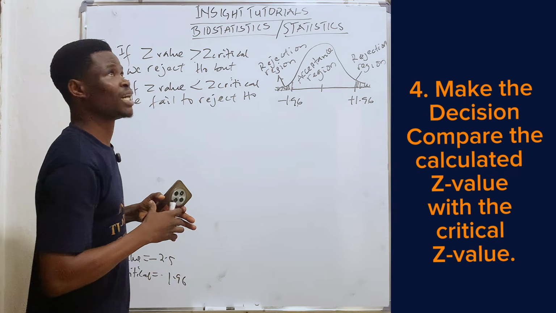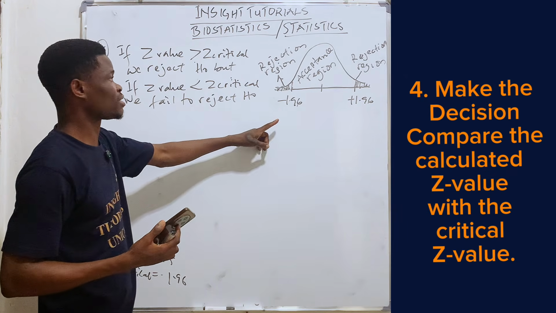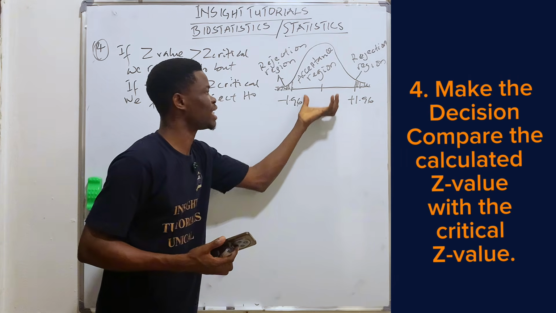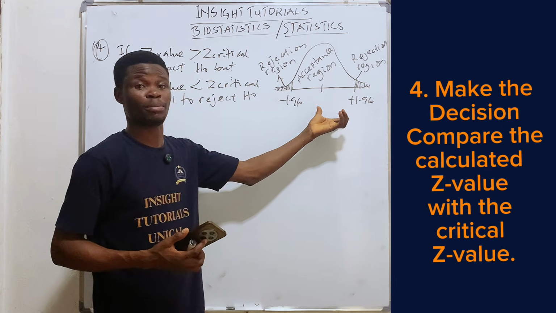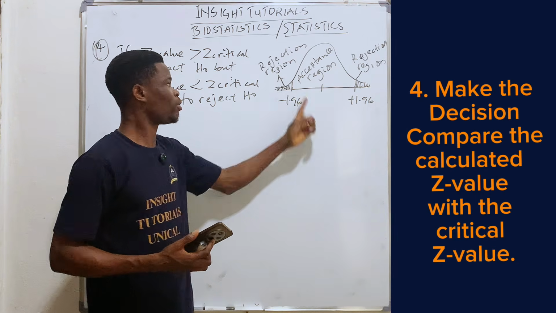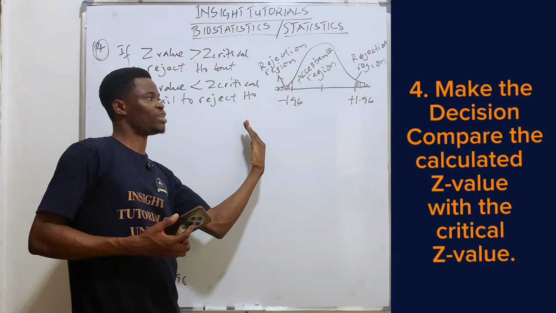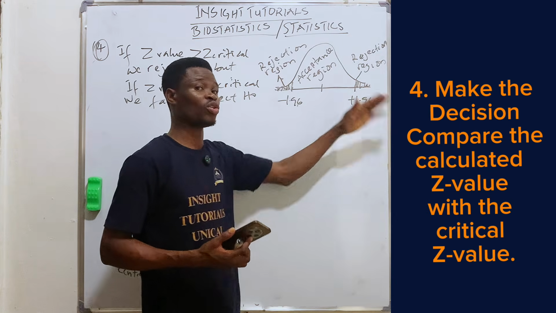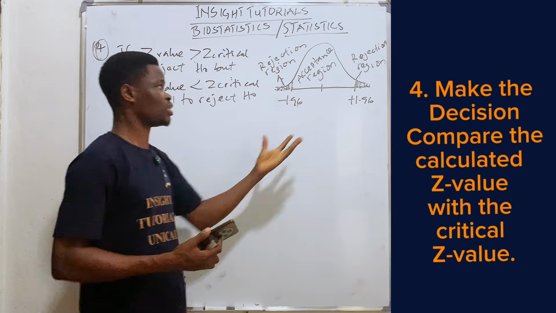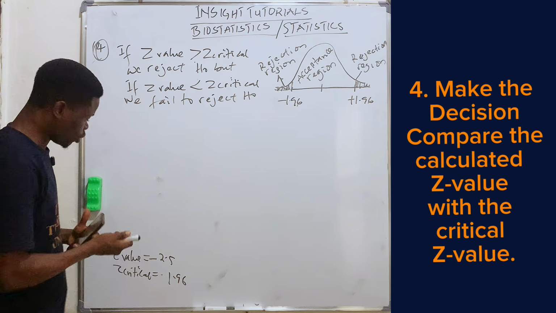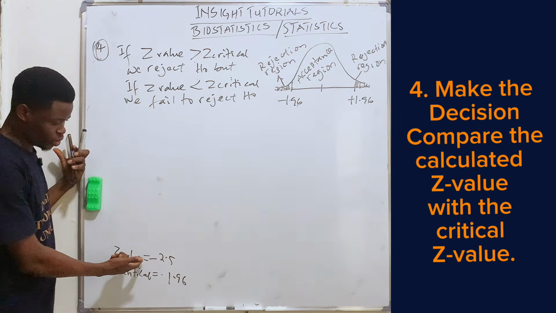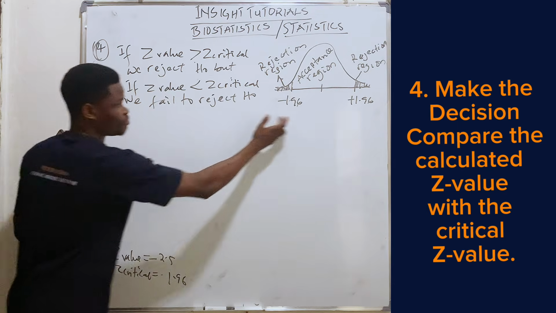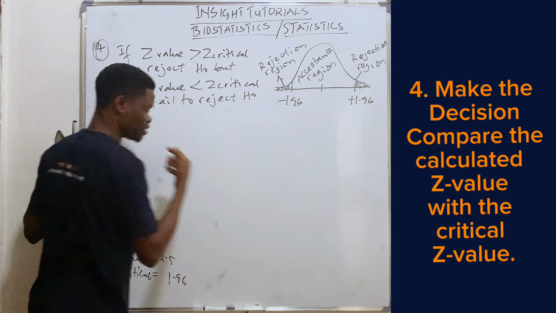So what this means is that every value that falls between minus 1.96 to plus 1.96 falls at the acceptance region, and we cannot reject the null hypothesis under this condition, right? But anything that goes below negative 1.96 or above positive 1.96 is at the rejection region on the two tails, right? This is a two-tail test, right? So the Z value we got, take note, is minus 2.5, and we have a Z critical of plus or minus 1.96 approximately.